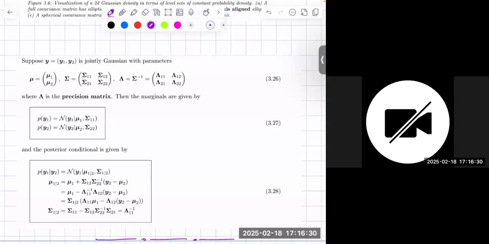When you look at the covariance of this new one, you will see the covariance of y1 on top, the covariance of y2 here, and the covariance between y1 and y2 there. That's how it is going to look. And here's how your y1 will look alone: average here, covariance this. Here's how your y2 will look alone.